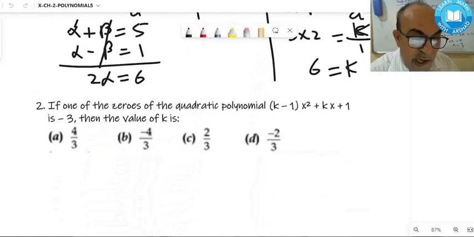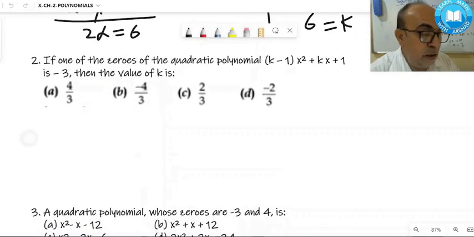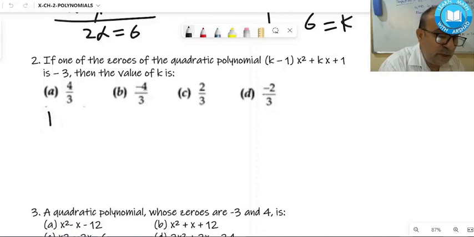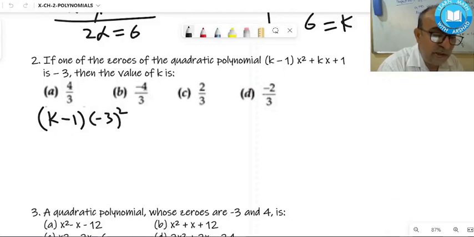Now moving to the second question. If one of the zeros of the quadratic polynomial is minus 3, just substitute this value in the given polynomial. Zero means the value of the variable, that is x, is minus 3, so minus 3 square plus k into minus 3 plus 1 will make the polynomial equal to 0.